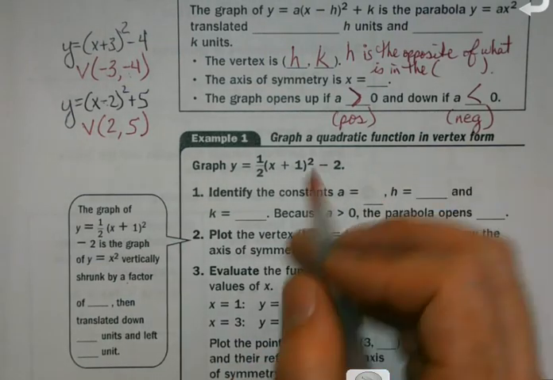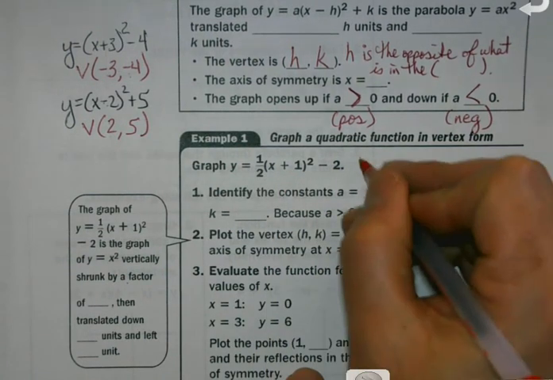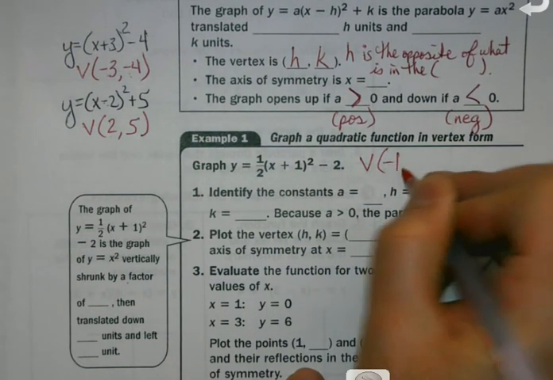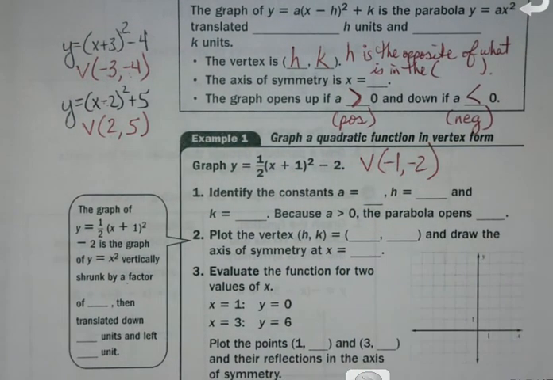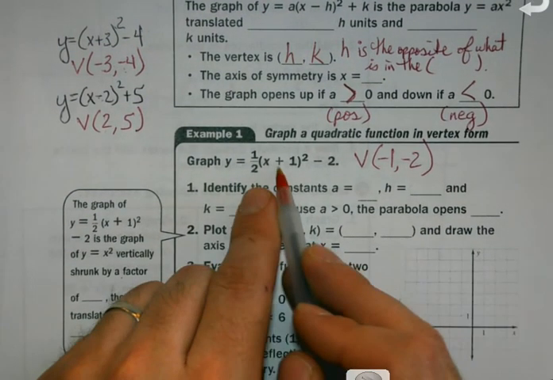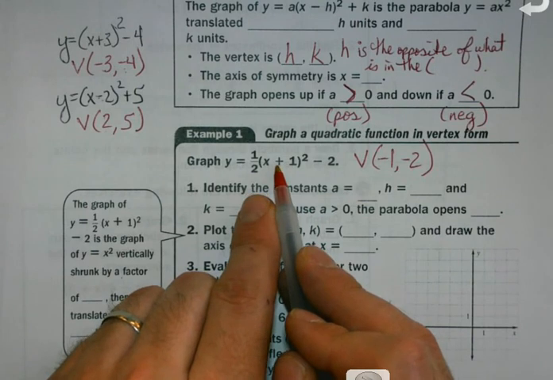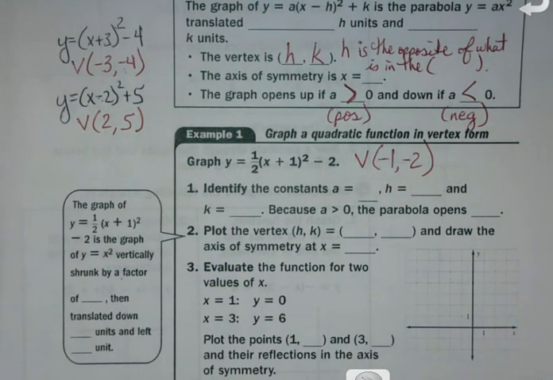So for up here, what's my vertex going to be? Yeah, my vertex is (-1, -2), because again, whatever I see in the parentheses, it's the opposite sign of that. So I see positive 1 in the parentheses, I'm going to do negative 1. I know, it's weird.